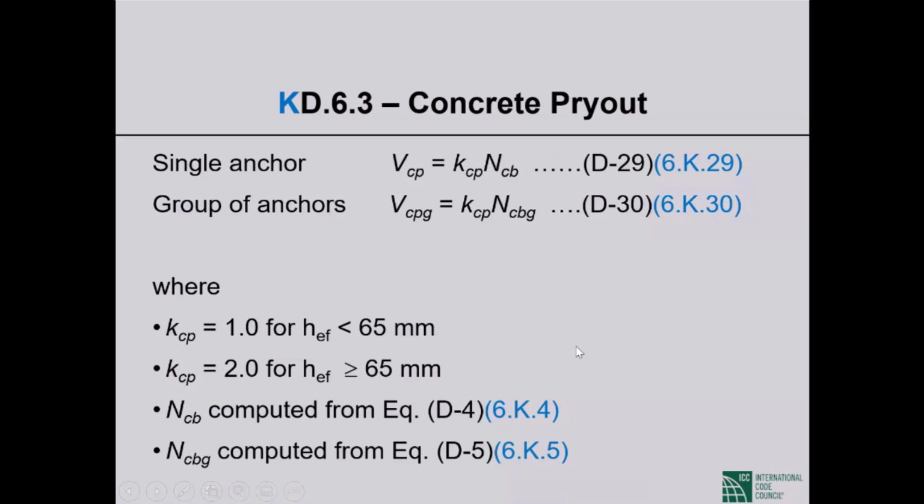This failure mode tells you no, absolutely no, because N sub CB is a tensile strength. It is a function of embedment depth. Also, K sub CP, you see how important embedment depth is. If embedment is shallow, all you get is 1. Okay, so to get a value of 2 here, you have to have embedment more than 65 millimeters. So for very shallow embedment, you get penalized twice. This constant goes down to 1, and this number will be small.